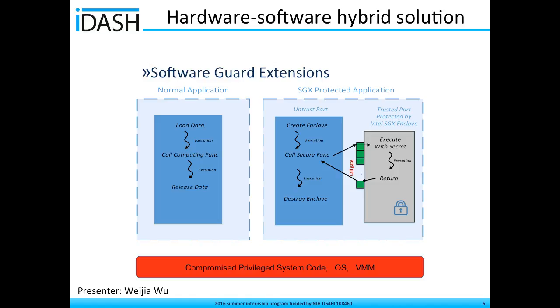But in an SGX protected application, the application will first create an enclave and then execute the code inside it. In this situation, even the operating system cannot attack the enclave successfully and get the data, so the data in the enclave will be very safe.